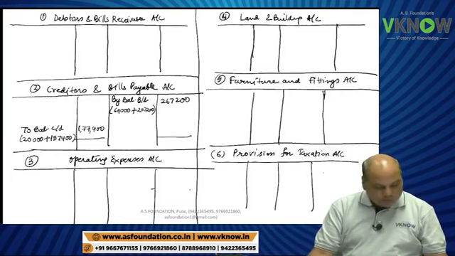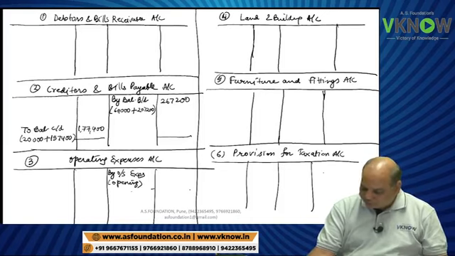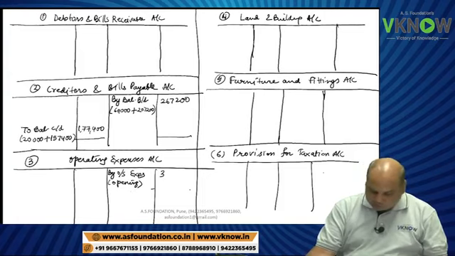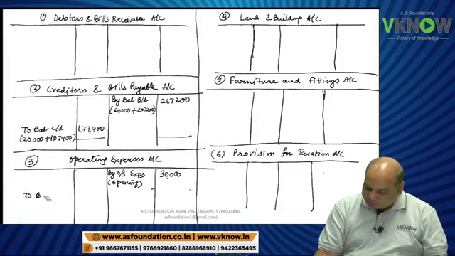Come to the next line, outstanding expense. Working note 3, credit side, by outstanding expense in bracket opening. Opening is 30,000, and to outstanding expense in bracket closing.